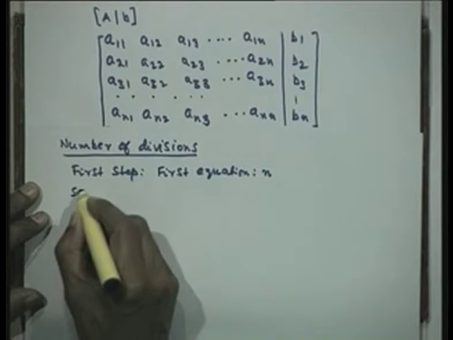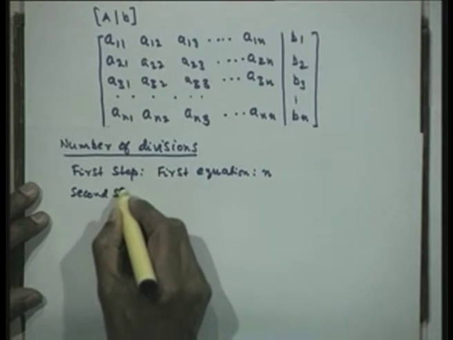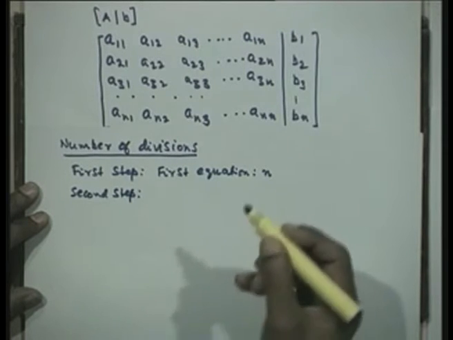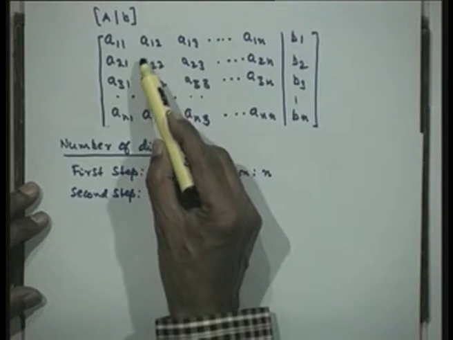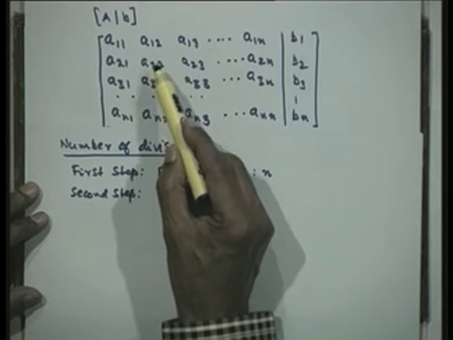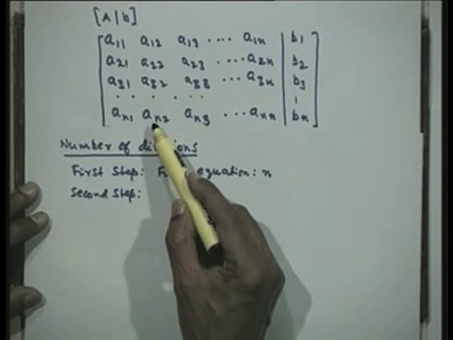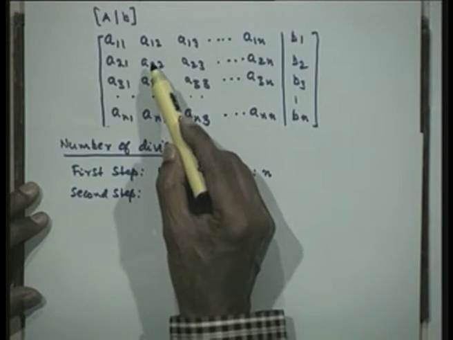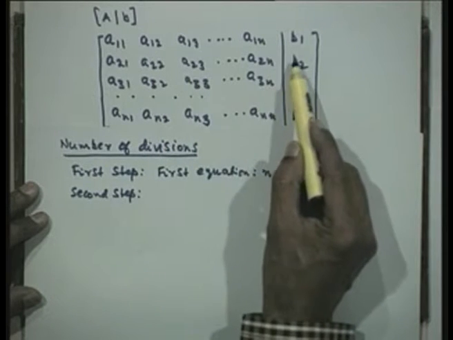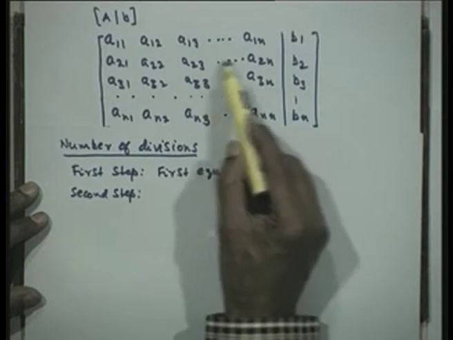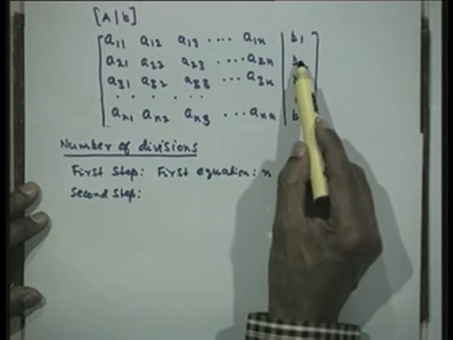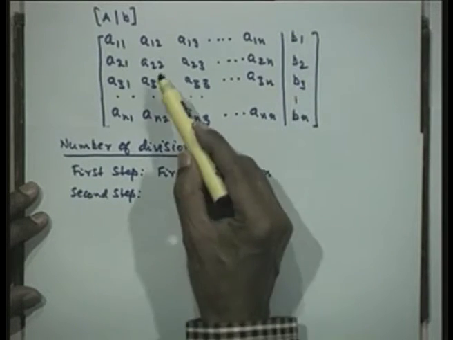Let us go to the second step. In the second step we take this second pivot and use it to eliminate all the remaining elements. To do that we are dividing all the remaining elements in this row by this pivot. So, I am dividing these n minus 2 elements plus 1 element, n minus 1 elements in the second step.